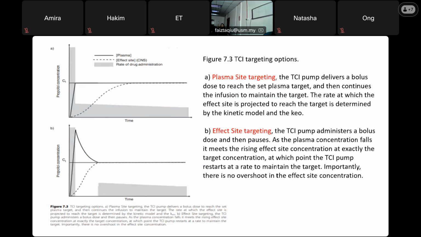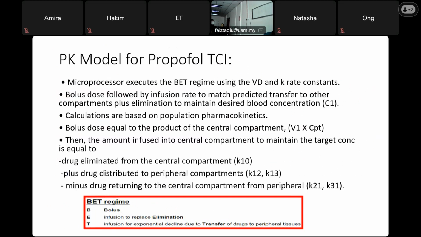Go to the next slide. So the pharmacokinetic model for TCI, as I said, is based on population pharmacokinetics, and the bolus dose is equal to the product of the central compartment V1 times the concentration.